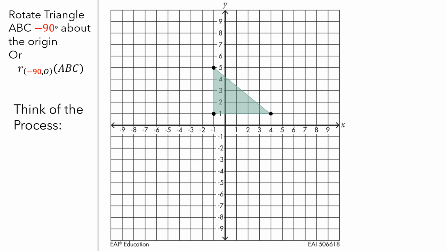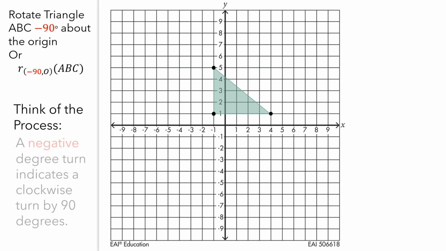Let's have a look at this one. We're going to rotate the triangle ABC -90 degrees about the origin. So we want to think about the process. If we're going -90, that tells us we want to go in a clockwise direction. Let's go see with one example what a point will look like.